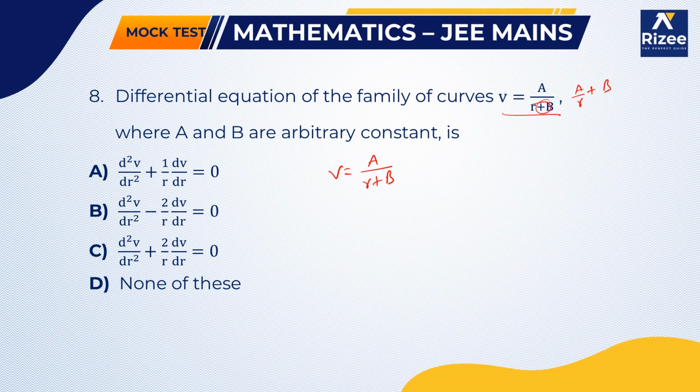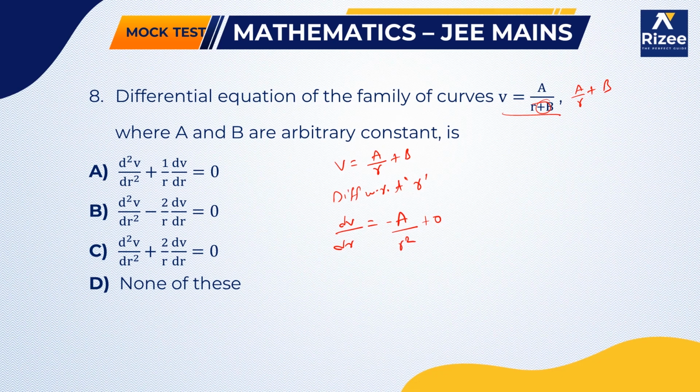So I am taking v is equal to a by r plus b, differentiating with respect to r. dv by dr is equal to, the differentiation of 1 by r can be written as minus 1 by r square, so minus a by r square plus 0.